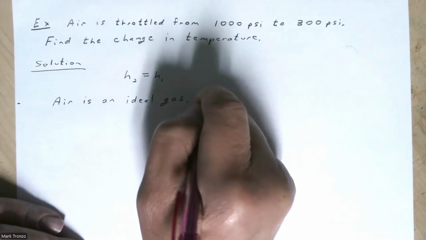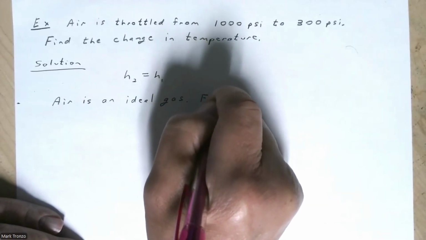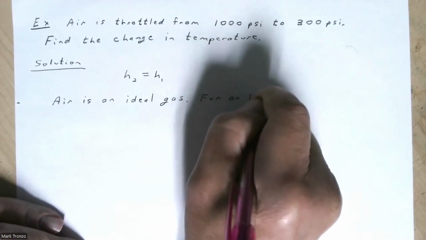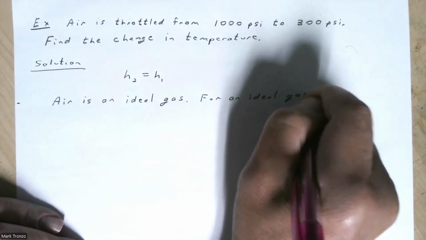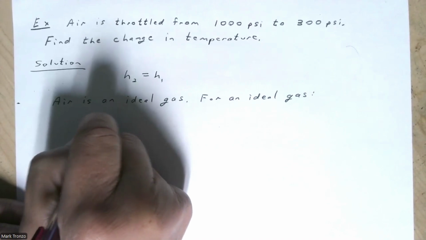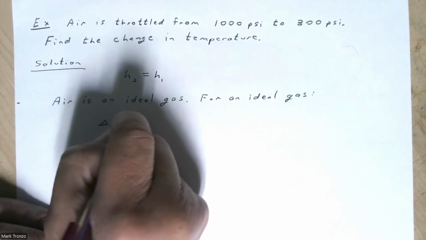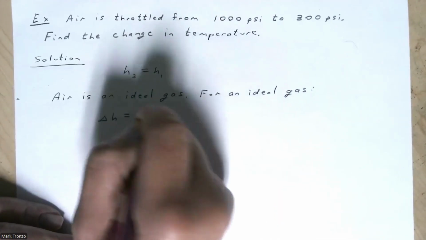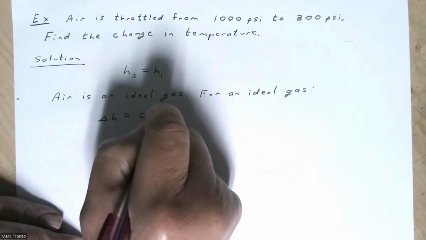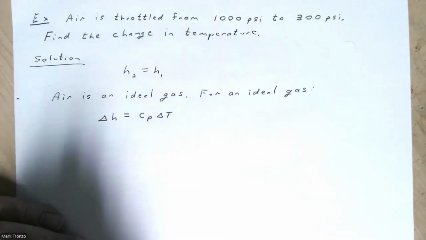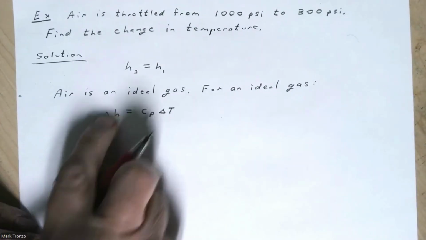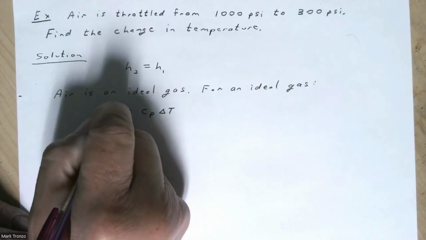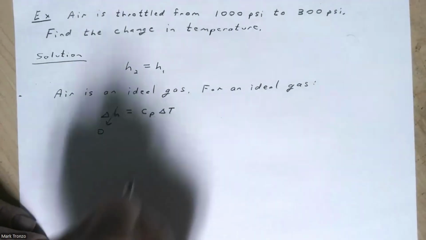And then for an ideal gas, the change in enthalpy is going to be Cp delta T. But now notice, of course, since H2 is equal to H1, this is going to be 0.